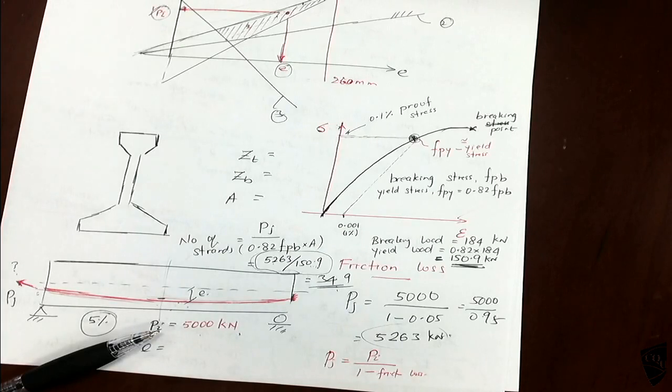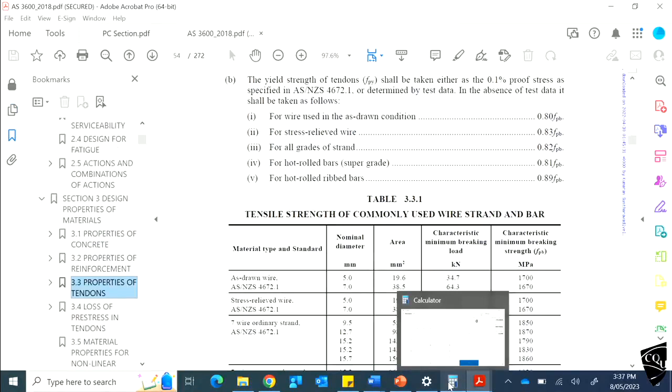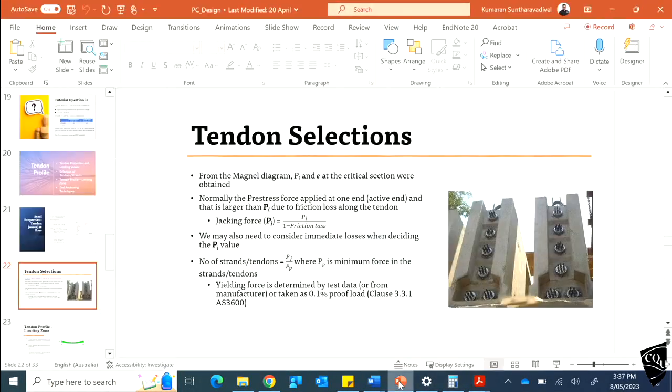So each tendon may have 6 or 7 or 12 strands. We look at that one last. There are different numbers.